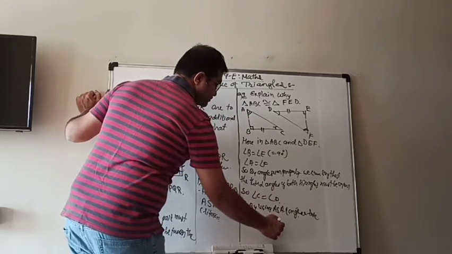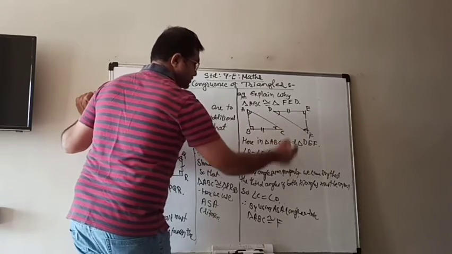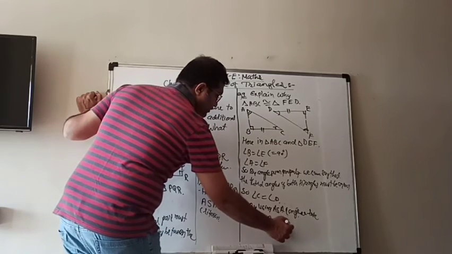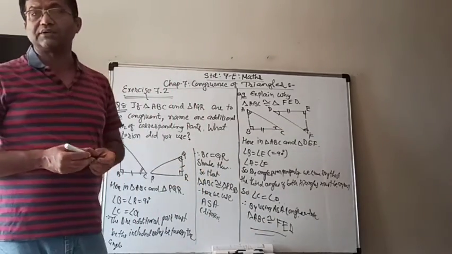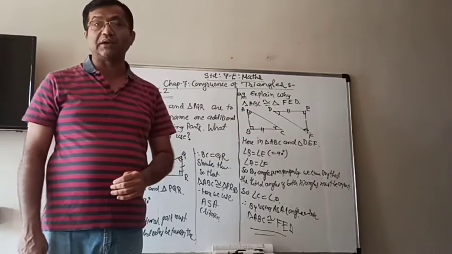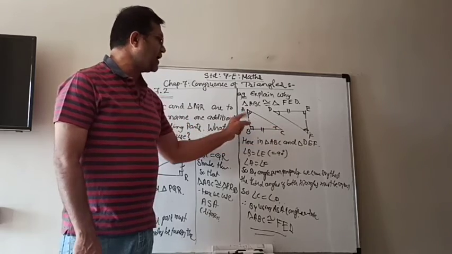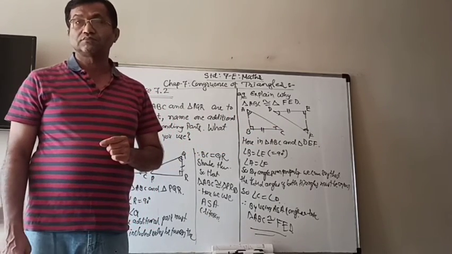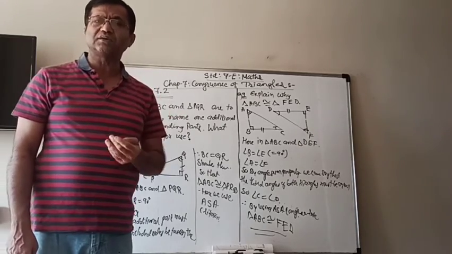F. And then F, then E and D. So first it looked like they are not congruent because no rule seemed applicable. But here actually it is the AAS congruence rule, because the third angle automatically becomes congruent.